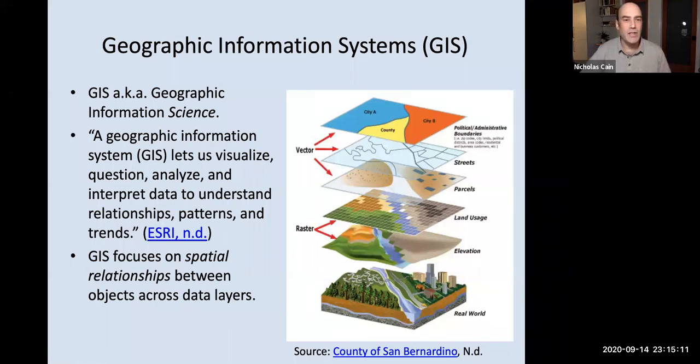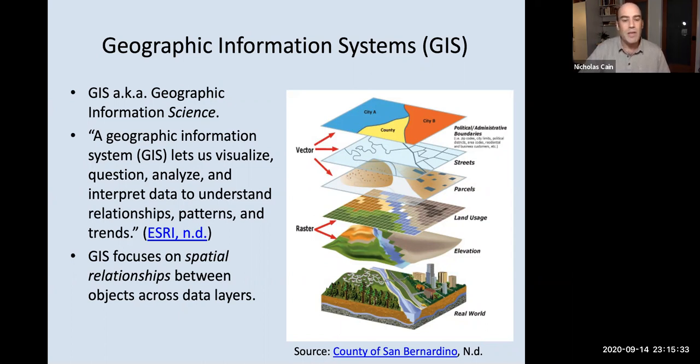So GIS stands for Geographic Information Systems. It also, in certain circumstances, stands for Geographic Information Science. GIS is a system that focuses on spatial relationships between objects represented on data layers.